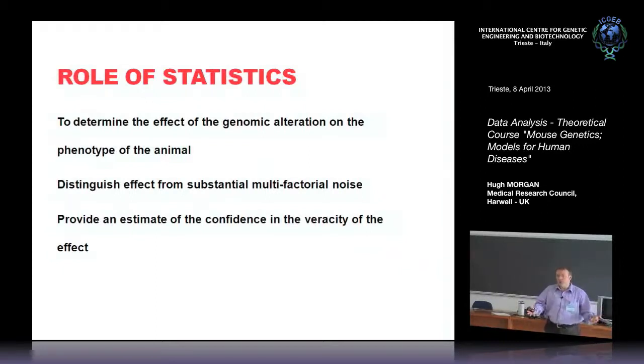There's simple biological noise, that no two creatures, even if they were genetically identical, would be exactly phenotypically identical. To biological noise that is introduced by the protocol, like is there a dietary change, or is the housing slightly different? So you have all these different types of noise that make it harder to detect the real phenotypic effect.